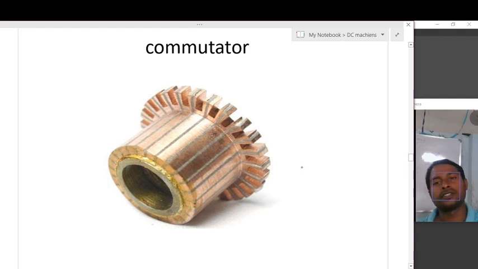You can see the commutator here. These are the commutator segments. These commutator segments are made of aluminum or hard drawn copper.